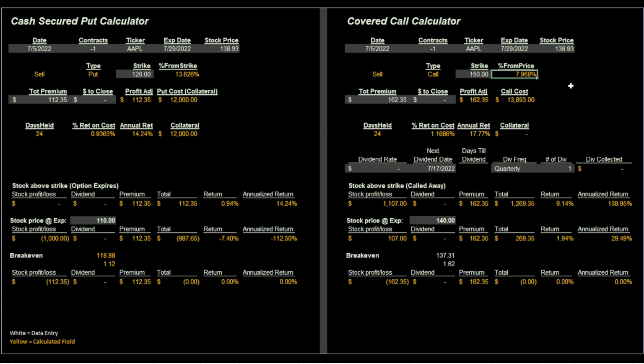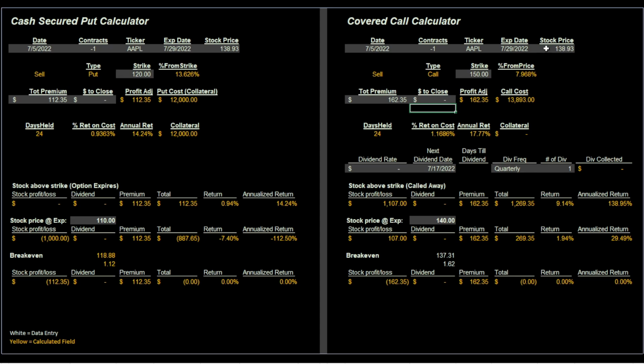That's what the rest of this analysis is really about. For offering this contract, we got a premium of $162.35. That's what we plug in there. If, let's say, 3 weeks into this trade, we decide we want to close it, how much would it cost us to close? $10, whatever it might be, and that will adjust everything. Now, it gets a little wonky here because this is the call cost, but we need some reference point to calculate what an annual return might look like. So let's say the stock price never changes.